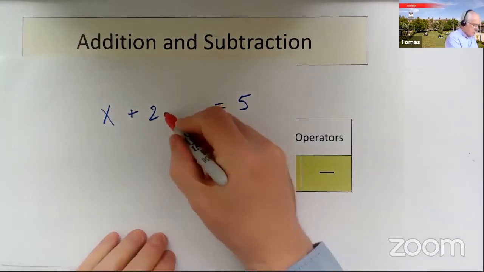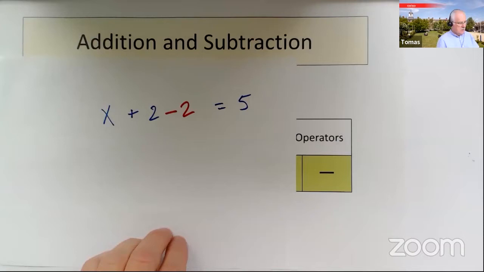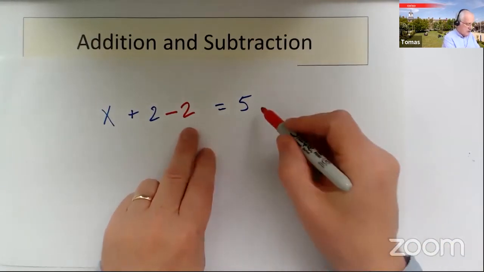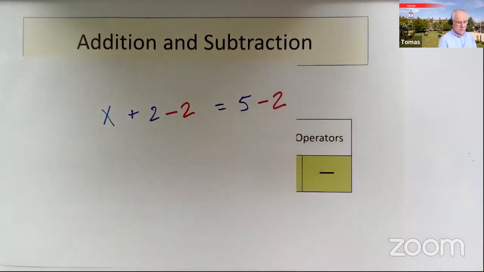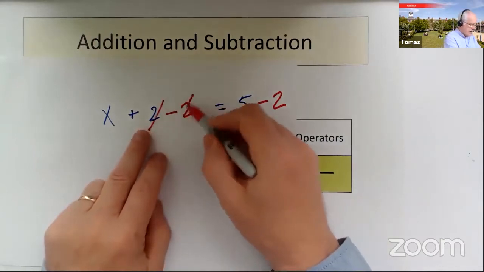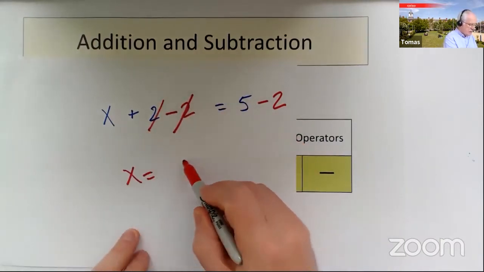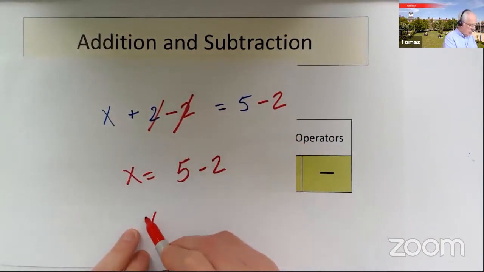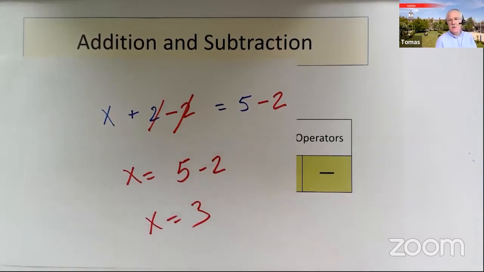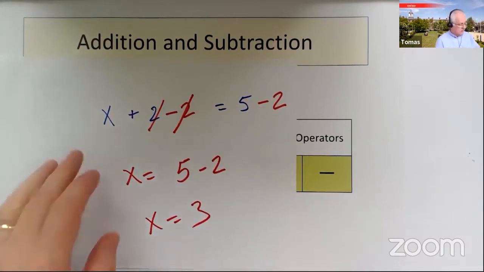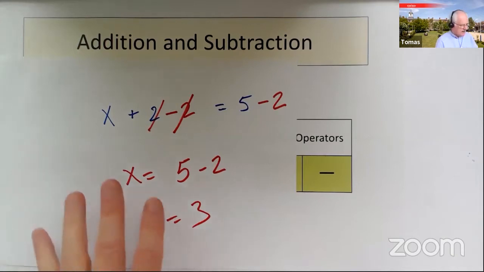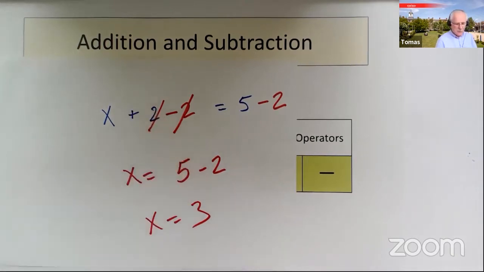Well, you say minus 2. And if you do it on one side, you must do it on the other side. So 2 minus 2 would cancel, and then you get x equals 5 minus 2, or x equals 3. Now, that's slower than you would have done it, but it shows what you're doing. You're just getting rid of something you don't like.